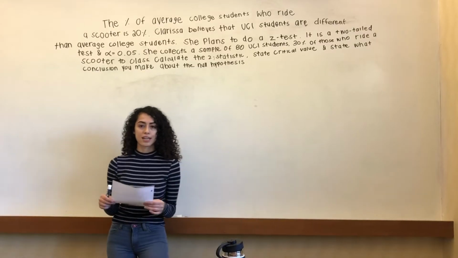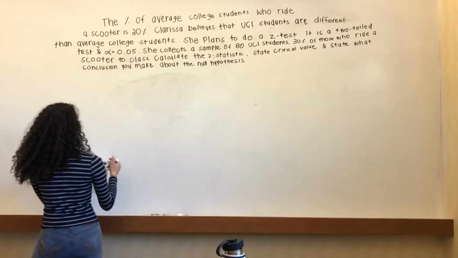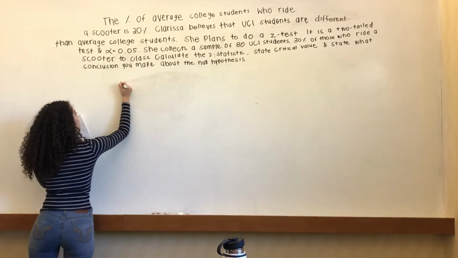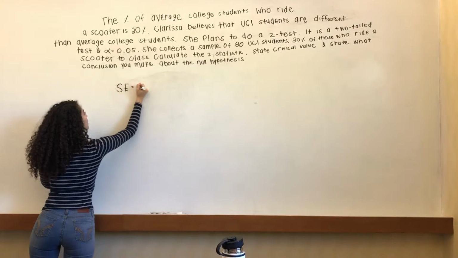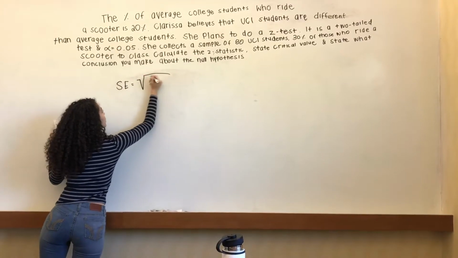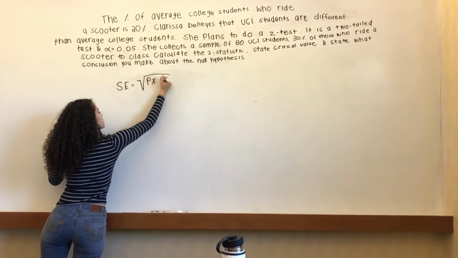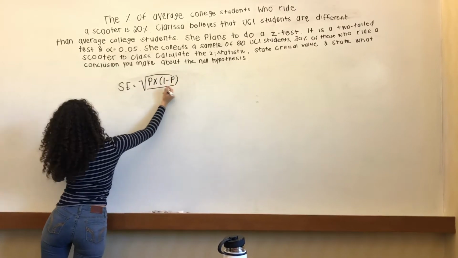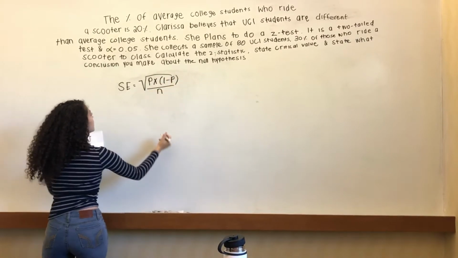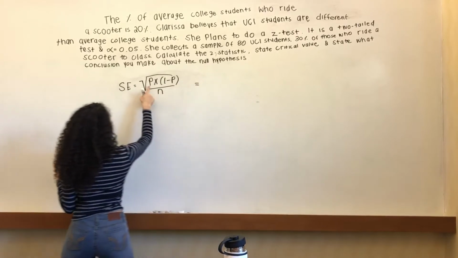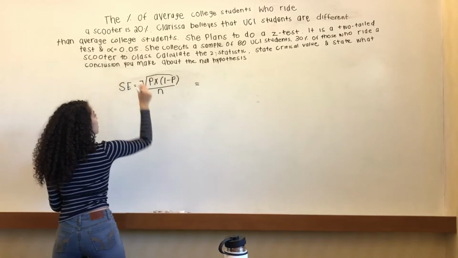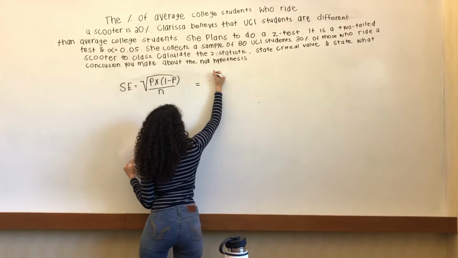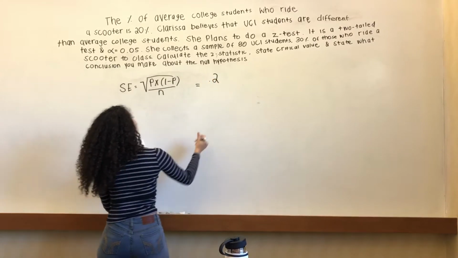So the first step is to find the standard error. The equation for the standard error is the square root of p times 1 minus p over n. In this case, p is equal to 20%, which we put in as 0.2.